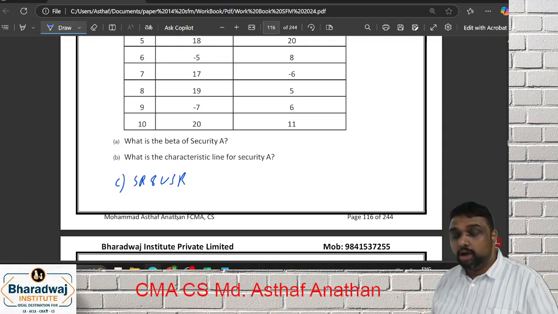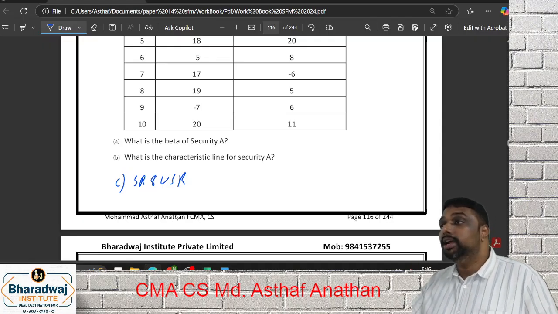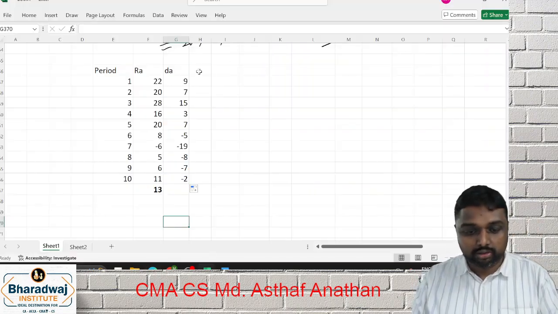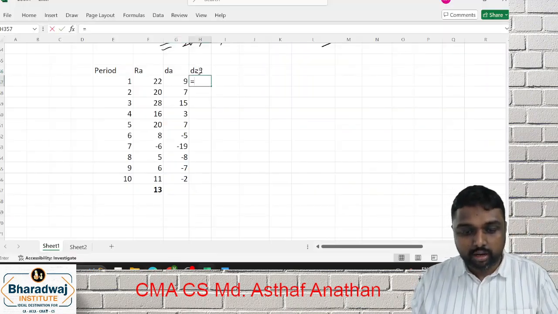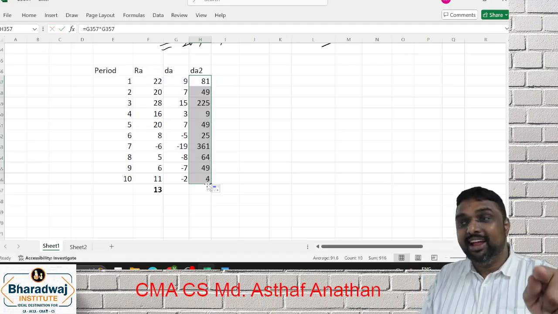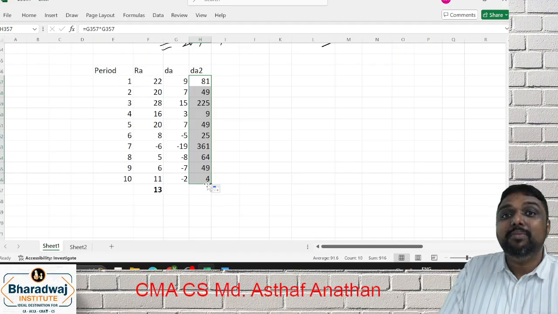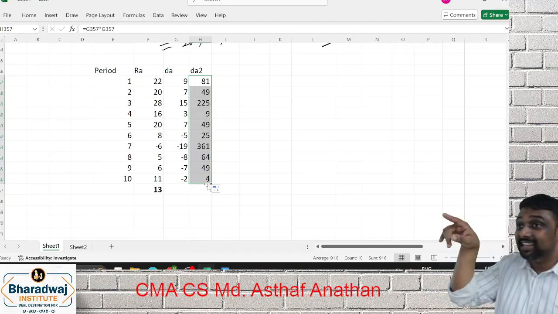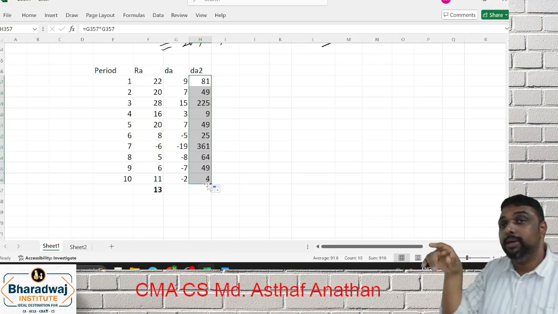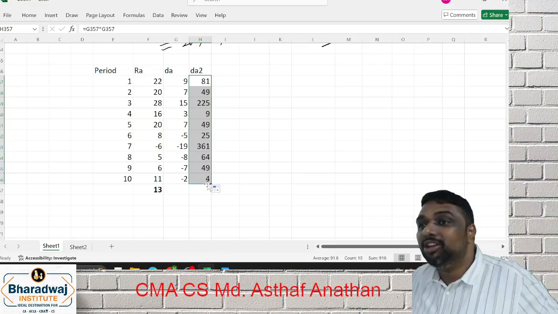No. If you want to do systematic risk, you should get the standard deviation of the stock also. So we'll do the standard deviation of the stock also. Deviation of A square. What is the deviation of A square? See, now we are doing stock risk on the basis of year. We discussed one method right now, risk of stock on the basis of probability. Now we are doing it on the basis of year.